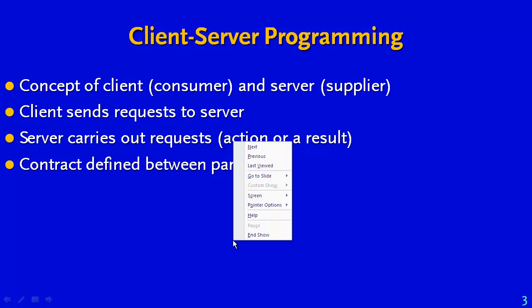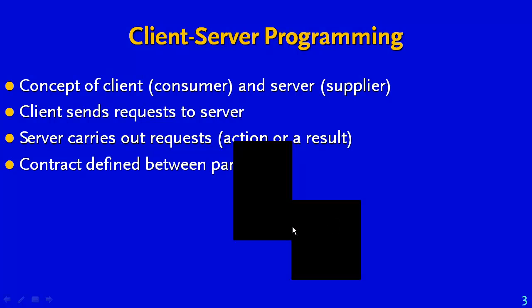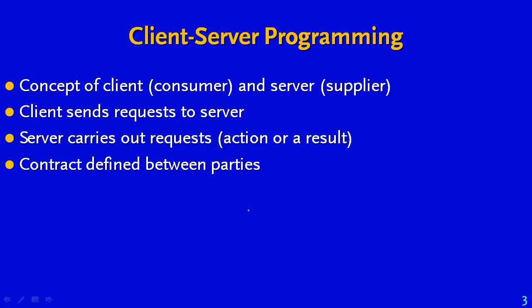Let me draw a diagram. Here's my server, here's my client. It's all visual now. We'll go to the nitty-gritty in a moment. You have some code here that might be some pricer to calculate something.